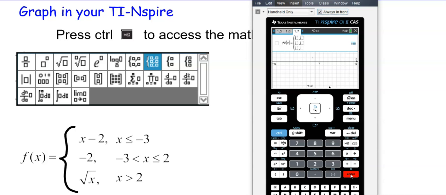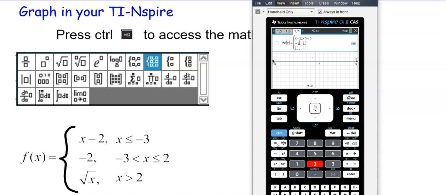So the first one was x minus 2, and the domain was x less than or equal to -3. If you hit control equals, you can choose less than or equal to.